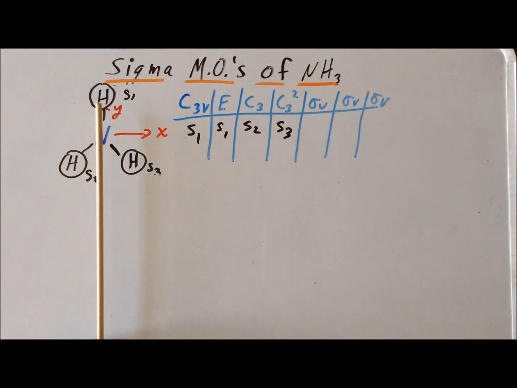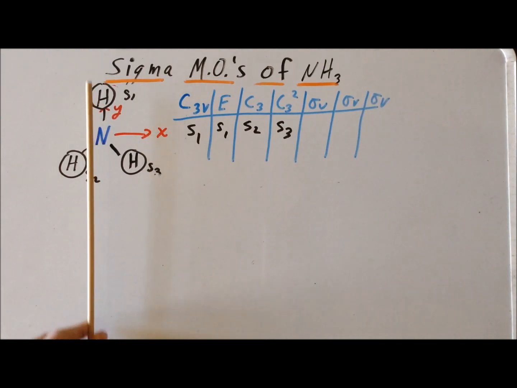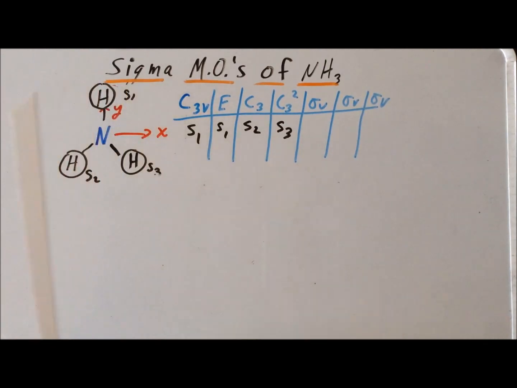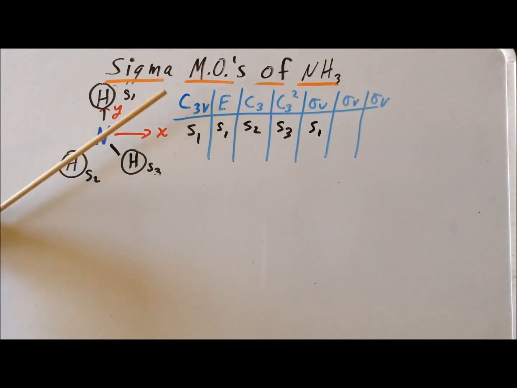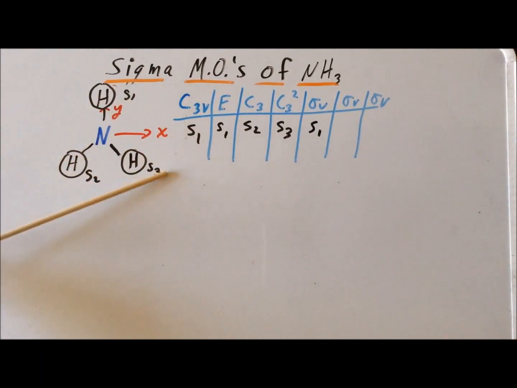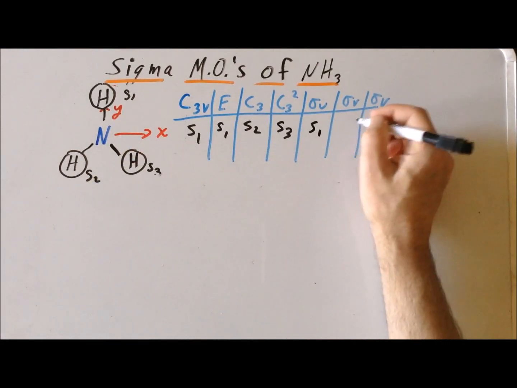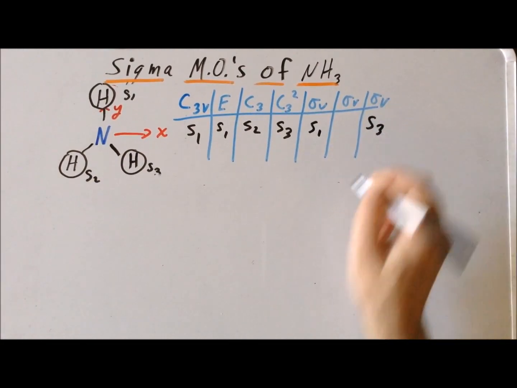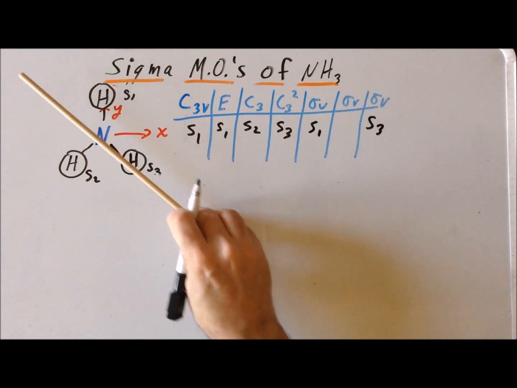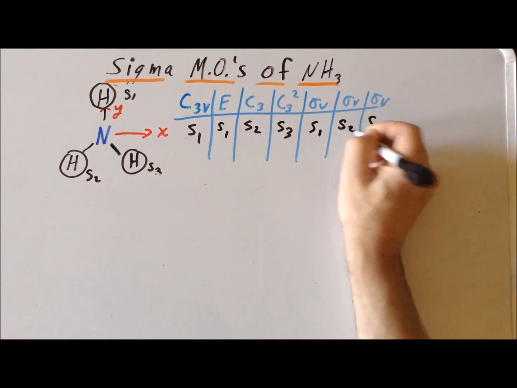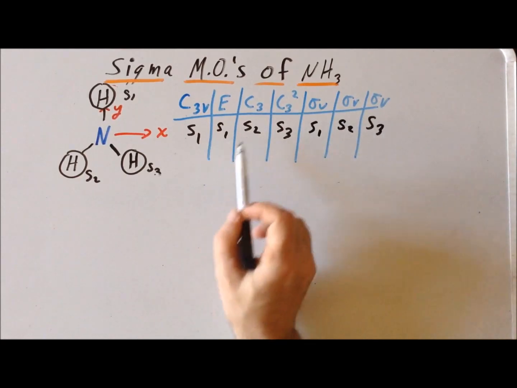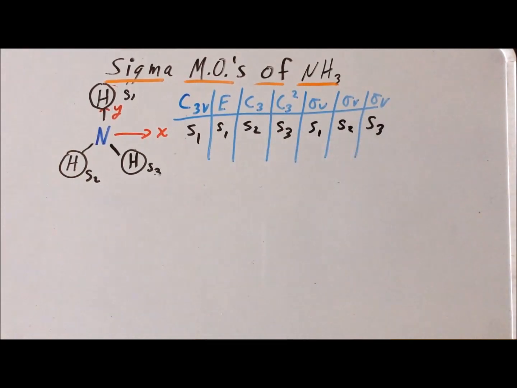If we take this particular sigma V mirror plane, it reflects S1 into itself. If we take this particular mirror plane, it takes S1 into S3. I'll put that there, just put it in order. And if we put this particular mirror plane, it turns S1 into S2. There's no significance to the order other than it makes it nice to have 1, 2, 3, 1, 2, 3.